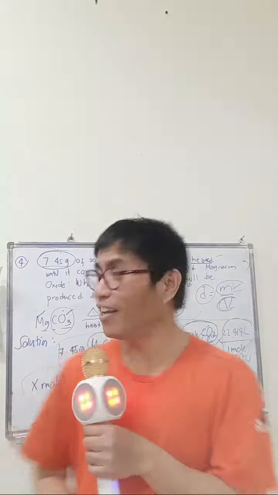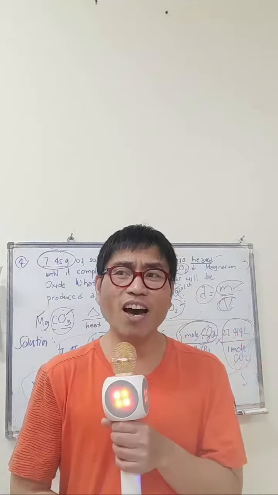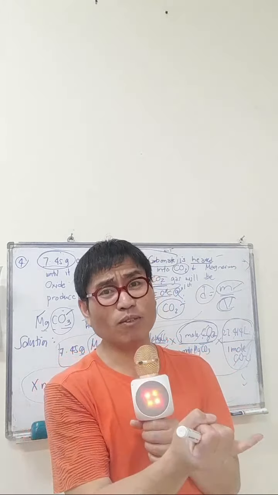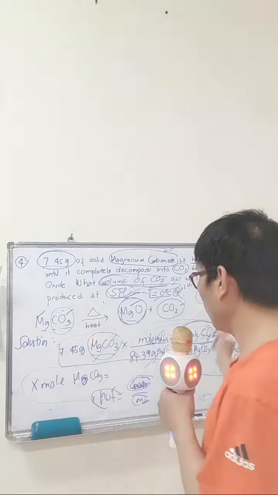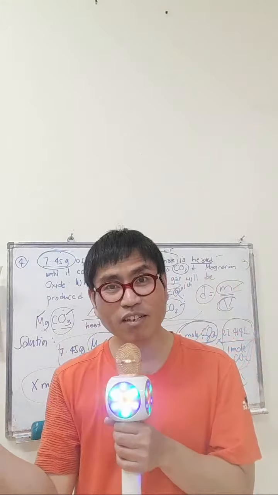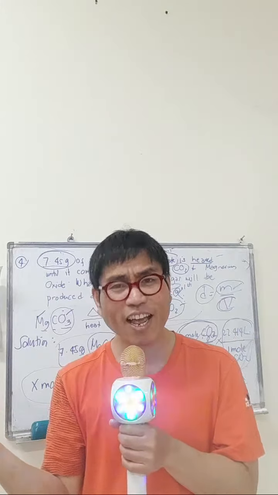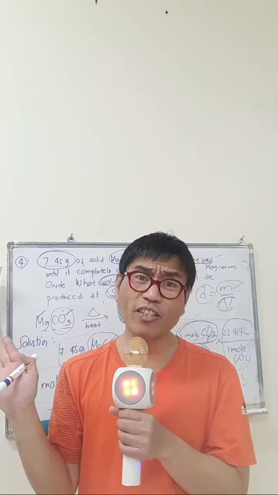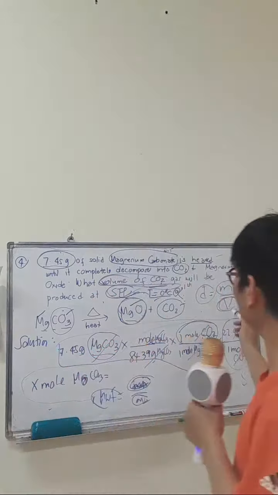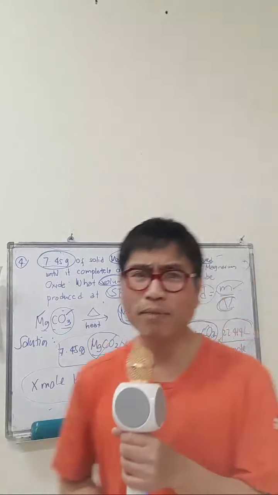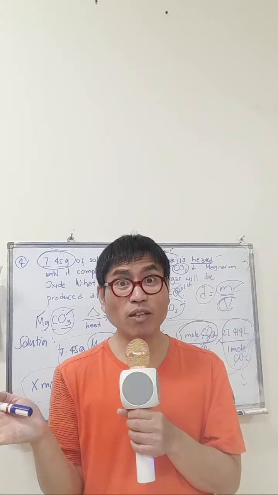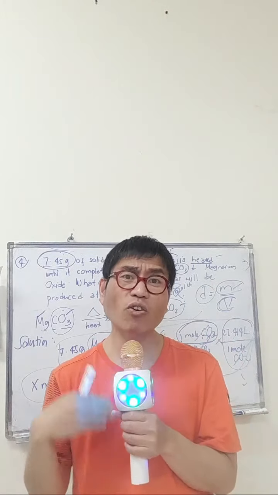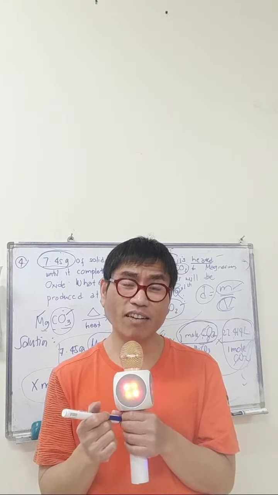Because it is STP, it's also okay to use PV = nRT. The pressure is 1 atmosphere, and you have the number of moles from the reaction of magnesium carbonate to magnesium oxide, and the universal gas constant, in terms of mole, in liter atmosphere, because liters is what the problem asks for. And then the temperature, 273.15, then bingo, you can solve for the density, because you can correlate density with PV and RT.